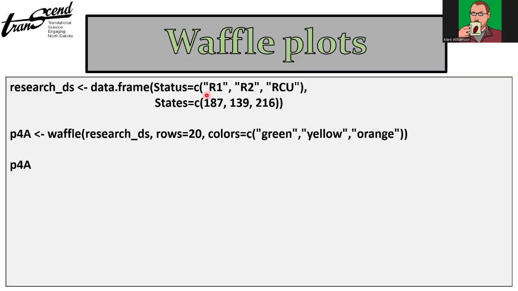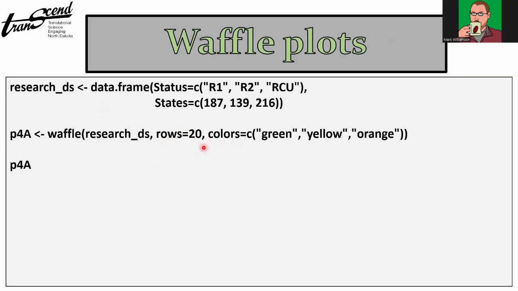I did status and then states, just the number within each group of this. And then from the waffle package, I can use the function waffle to set your data set, so research data set.